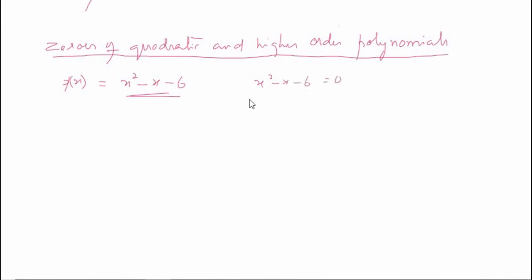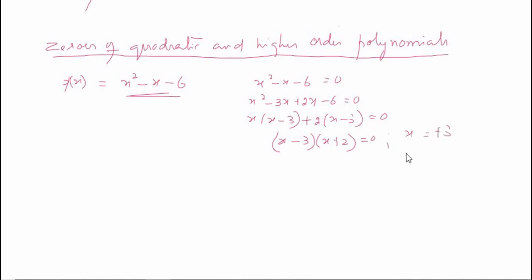Then if you split the middle term, this becomes x square minus 3x plus 2x minus 6 equal to 0. So take x out, x minus 3 plus take 2 out, x minus 3 equal to 0. Therefore x minus 3 into x plus 2 equal to 0. Therefore x equal to plus 3 or x equal to minus 2. So these are the two zeros of this quadratic polynomial.